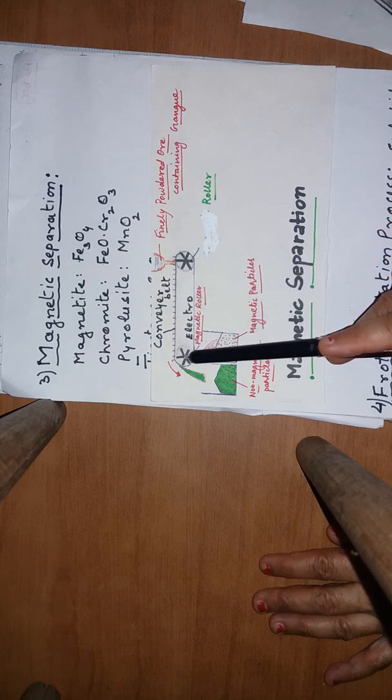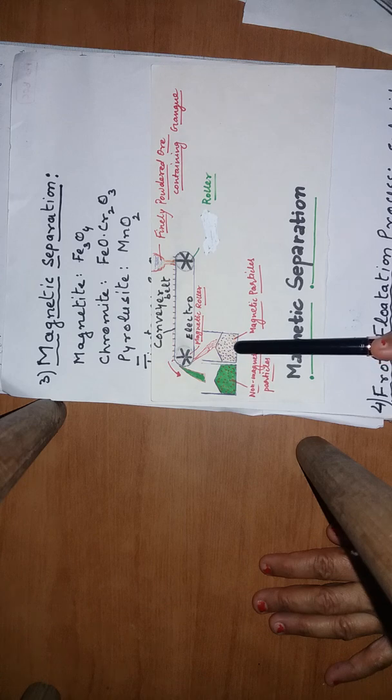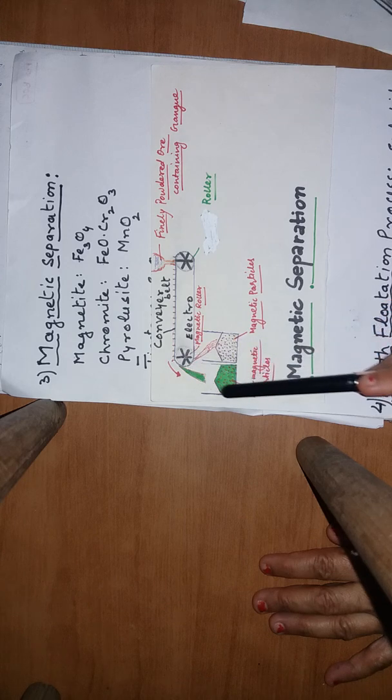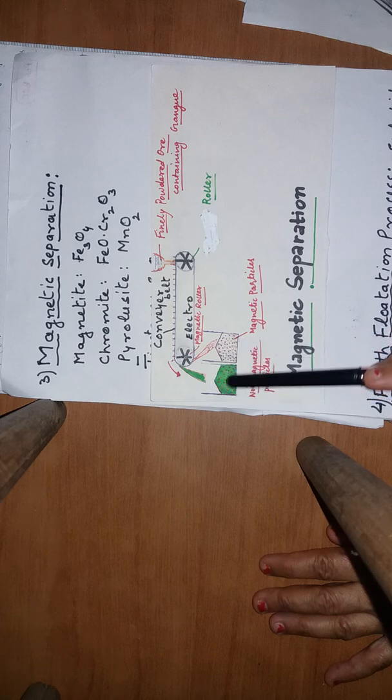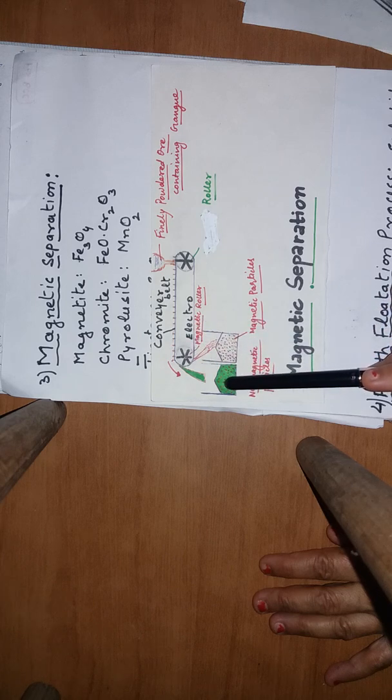When it comes to the electromagnetic roller, the magnetic ore is attracted by the electromagnetic roller and forms a heap below it. The impurities also form a heap, but the impurities heap is formed away from the electromagnetic roller.